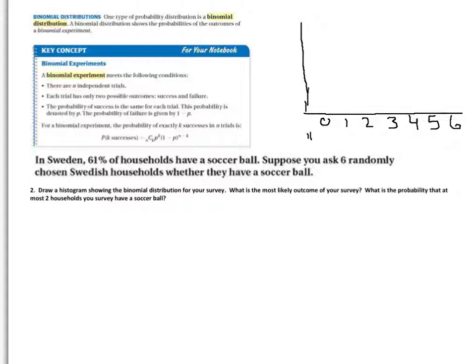This is the number of households with soccer balls. And this is the probability.